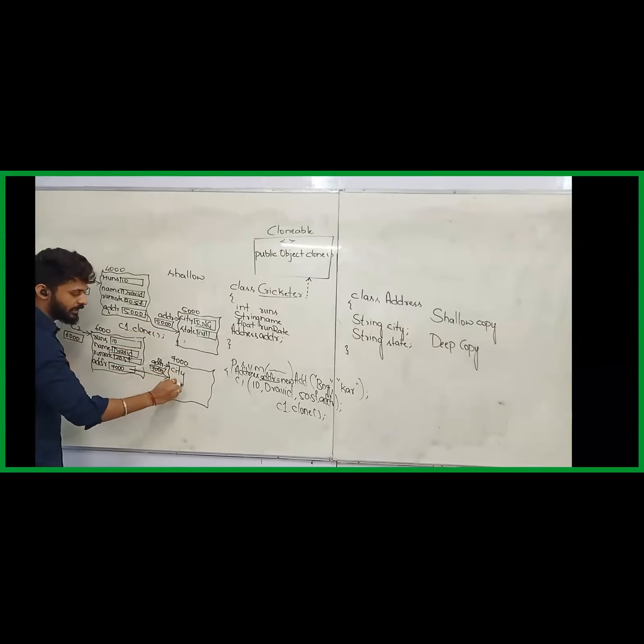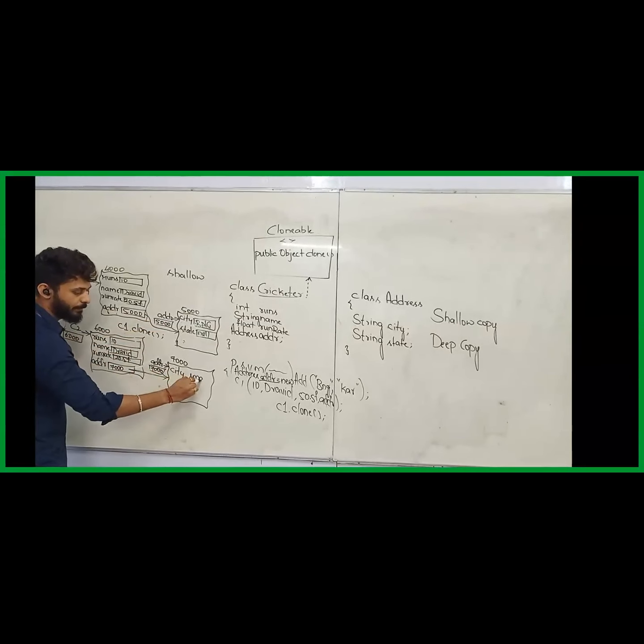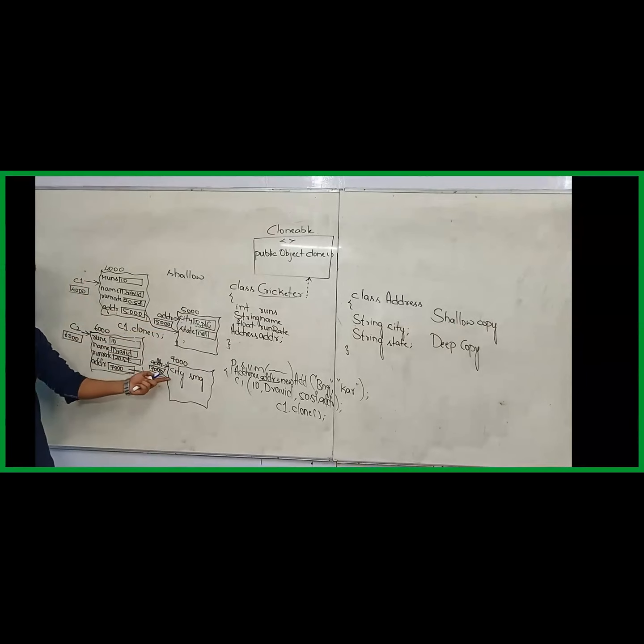But later, what will I do? I will try to create a deep copy, assume. Now this one is pointing to here only. Previously it was pointing to here. Shallow copy means that. Deep copy means it is pointing to here. Now what will I do? Here I will try to change the city's value to SMG. Assume. And I will try to print C2 address city.